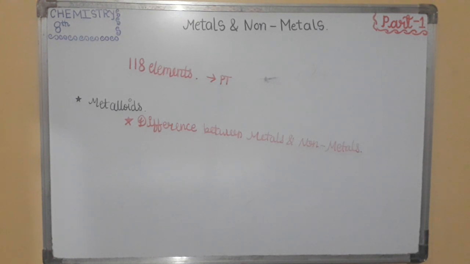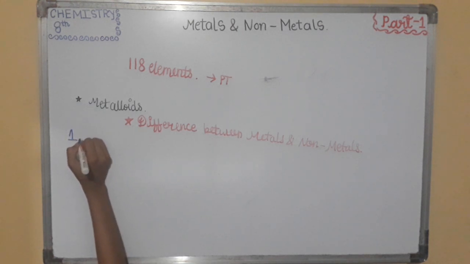Metals differ significantly from non-metals in many of the physical and chemical properties. Let us study them in detail. In this part we will learn the physical properties. There are total 11 physical properties. We will learn them step by step. First is state.